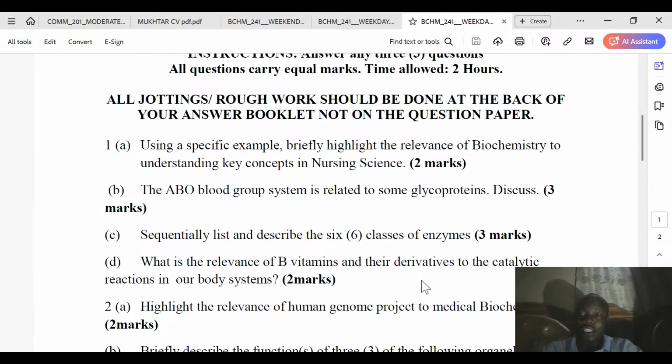So please, ladies and gentlemen, do you understand these classes of enzymes with their brief description? I hope you can still see the PDF. Can you clearly see the questions that I shared?